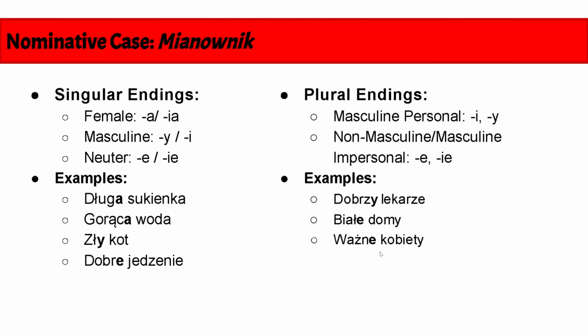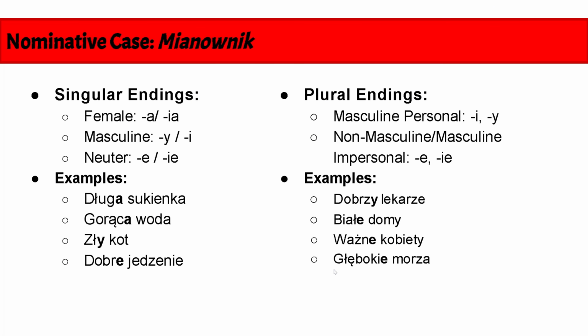Ważne kobiety, important women. Same thing. Kobieta is a feminine noun. In the plural, it's kobiety, and so we have to apply the adjective rules. So because it's a non-masculine word, we change ważny to ważne, creating ważne kobiety, again, important women.